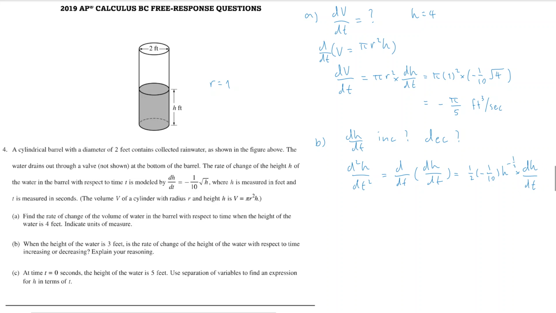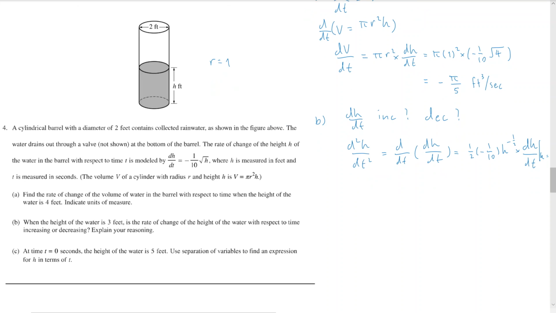And now we evaluate this expression at h equals 3, which gives 1 over 200. And notice that d squared h/dt squared, which is the rate of change of dh/dt, is more than 0.